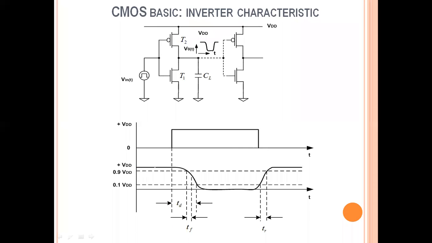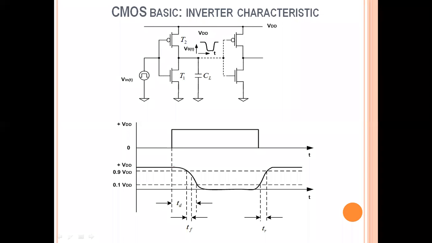Here the VDD is there, because the input is 0. Obviously, according to the characteristics or operation of the CMOS inverter, when we apply a 0 as the input, the output should be 1, right? And when we apply 1 as the input to the CMOS inverter, it should be 0 at the output terminal.